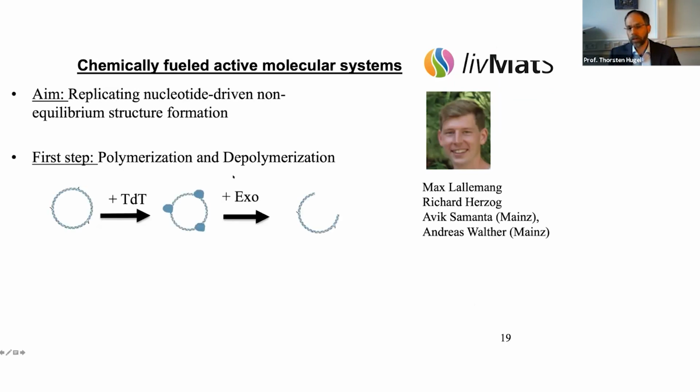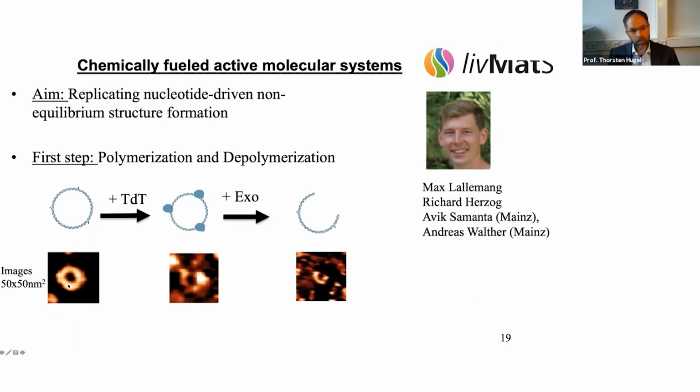And I think we got this, still not with a completely synthetic system, but with a DNA-based system and two enzymes. What you see here is basically this DNA plasmid, and then you see some polymerization. It should be on these two single-stranded overhangs. And I think you can see this here, here, and here. And then you see the depolymerization here.